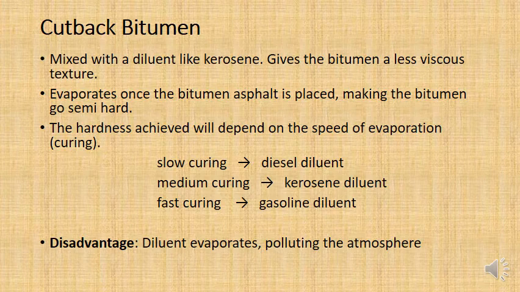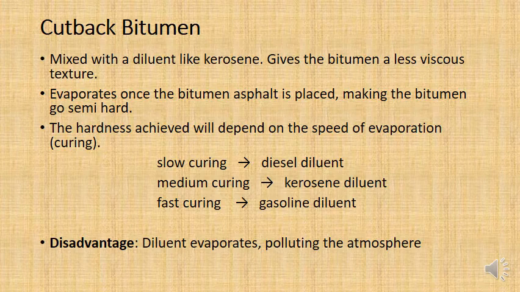So there are different kinds of diluents we can use. As well as kerosene, we could use petrol. We could also use diesel. And they will cure at different rates. So diesel is very slow, gasoline or petrol is very fast, and kerosene is in the middle.